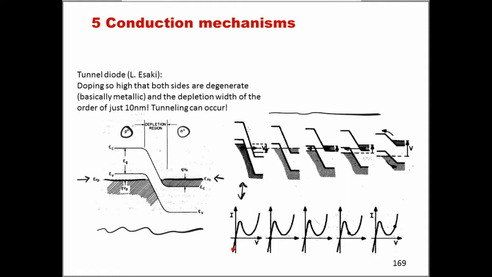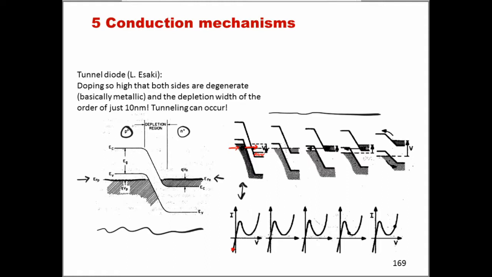And the reason is that the diagram should look something like that. You can see that now the filled states are down here. So the states that are filled at this point can happily tunnel into the conduction band. And so that's why we have this very high current here.